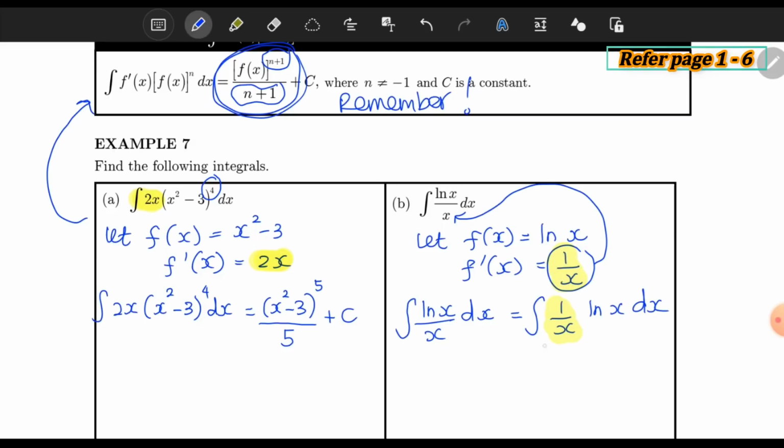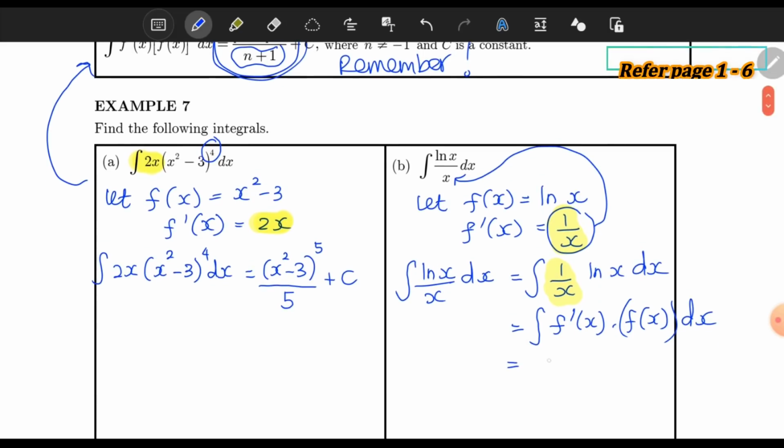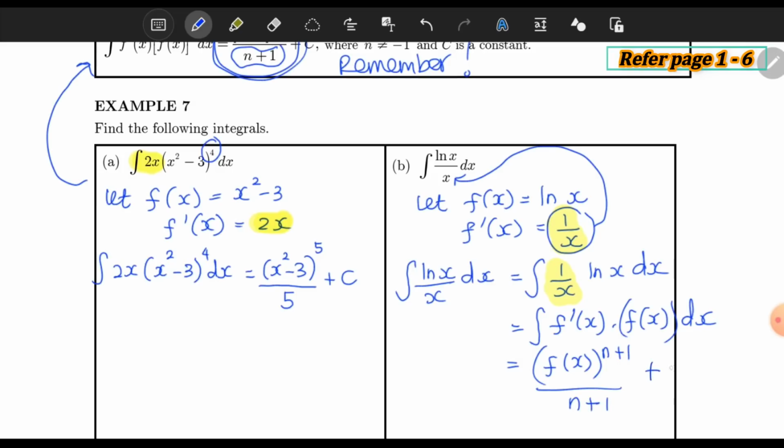And equal to, so this is the pattern of integrate f prime x f(x) dx. And the answer for the rule is f(x) power of n plus 1 over n plus 1 plus c.